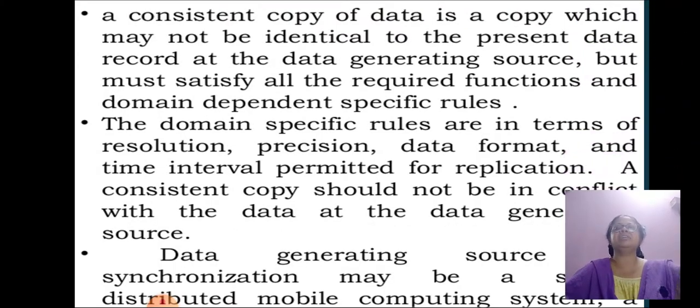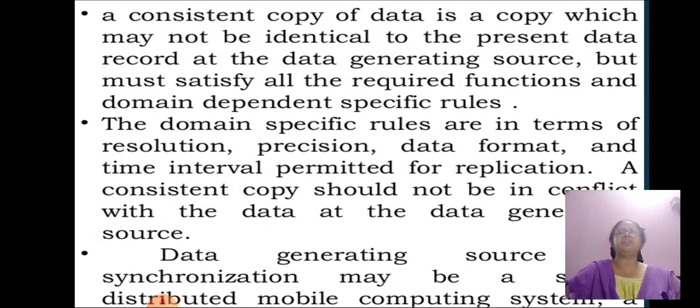A consistent copy of data is a copy which may not be identical to the present data record at the data generating source, but must satisfy all the required function and domain dependent specific rules.